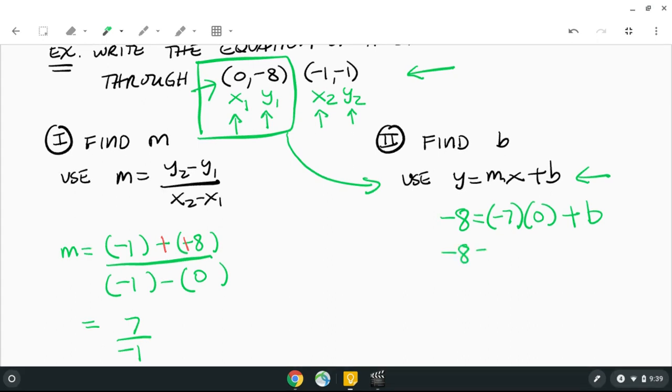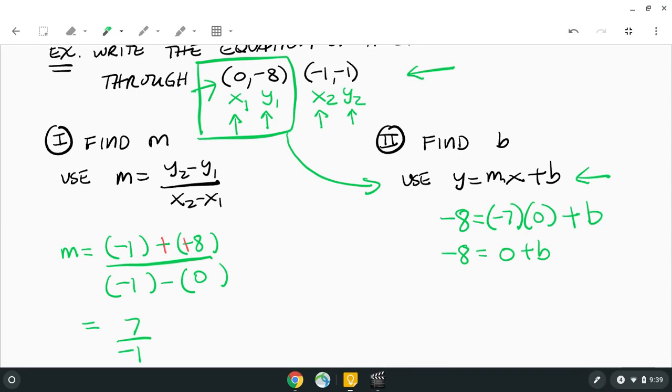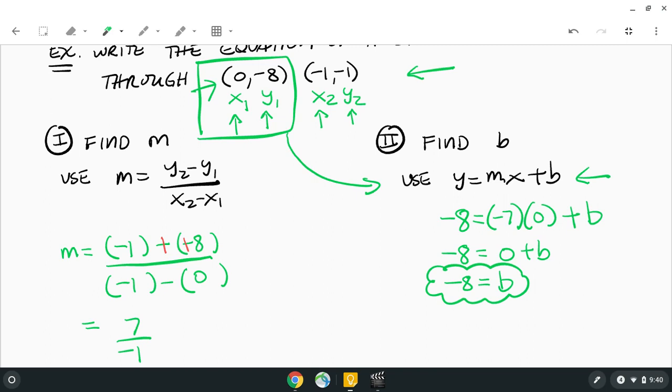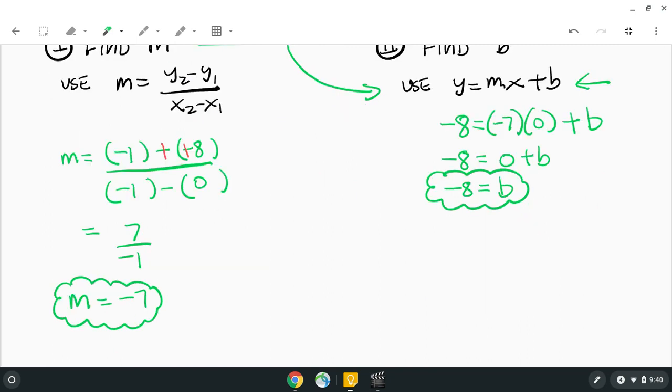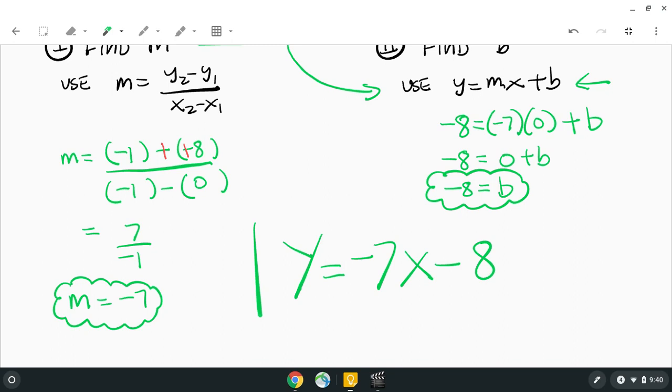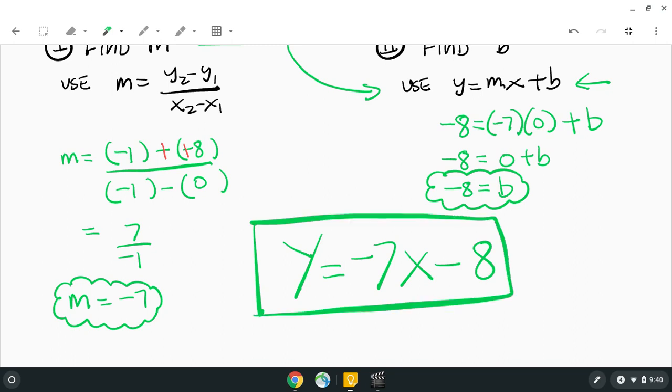So I get -8 equals 0 plus b, which means that -8 equals b. Okay? So now I have my m and I have my b. Let's take a look. So I have m is -7, b is -8. Once I have m and b, I can write my equation y equals mx plus b. And that's it. Okay? All right.